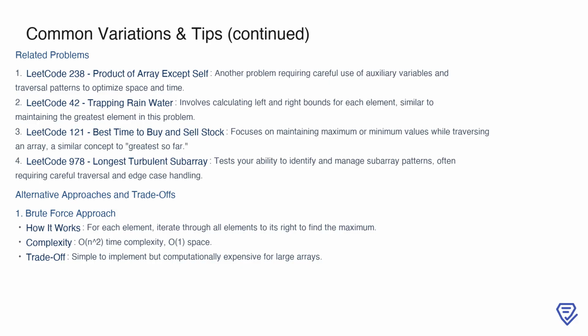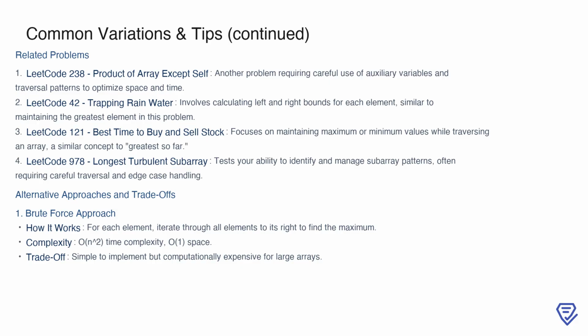This problem also connects to several related problems that can help you strengthen your understanding of similar techniques. For instance, LeetCode 238, Product of Array Except Self, involves using auxiliary variables and specific traversal patterns to optimize both space and time complexity. Then there's LeetCode 42, Trapping Rain Water, which requires calculating left and right bounds for each element, a concept that parallels maintaining the greatest element in this problem.